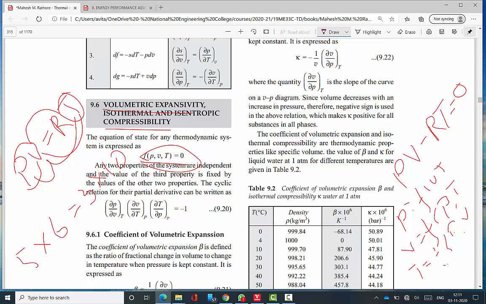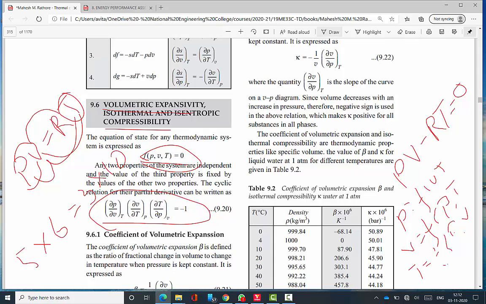This equation is called the cyclic relation. If any equation satisfies the cyclic relation, we must prove that concept. This is one main important relation, and in future we can use it.